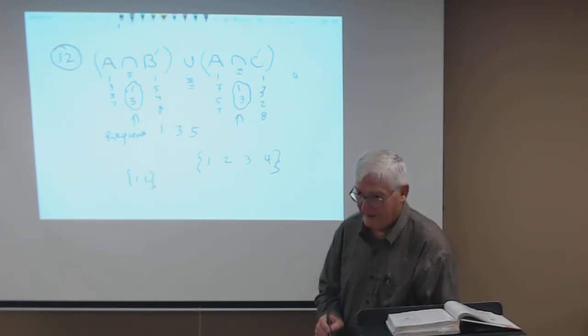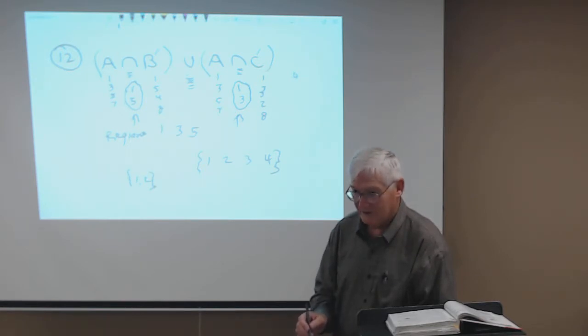What does that say? 1, 2. The set 1, 2, is that a subset of this set? Yes. Because the elements of this set are in the elements of this set. So when I have this symbol, it's going to be a subset. When I have 1 by itself, it's going to be an element. Okay.